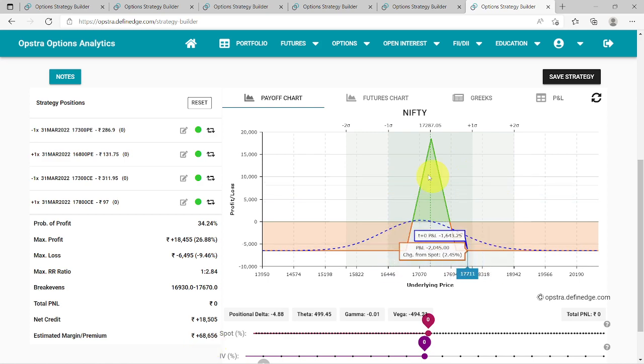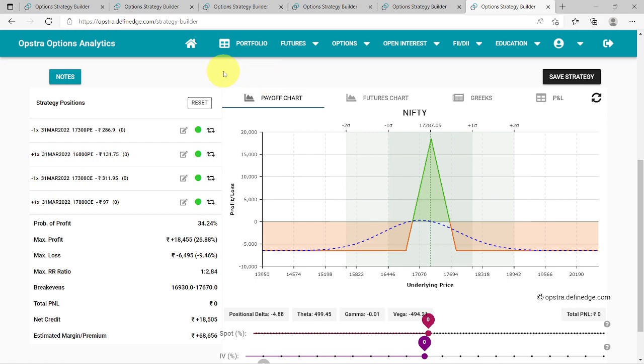So in this you can see again the same as what we saw in the straddle. It is a V-shaped profit in the payoff graph where you'll get the max profit if it closes at 17,300 and it reduces as the market moves, but you will be capped by a maximum loss of 6,500 wherever the market goes.